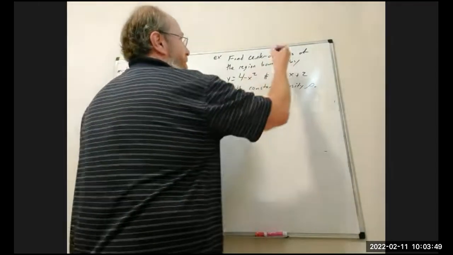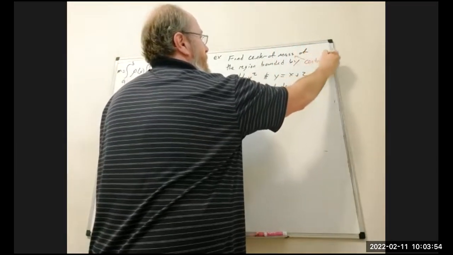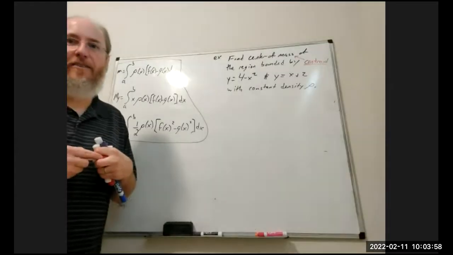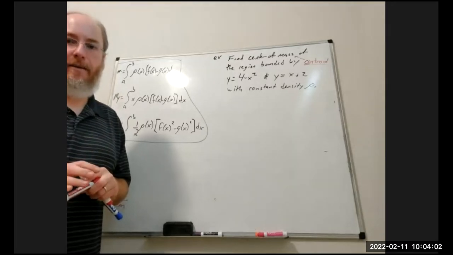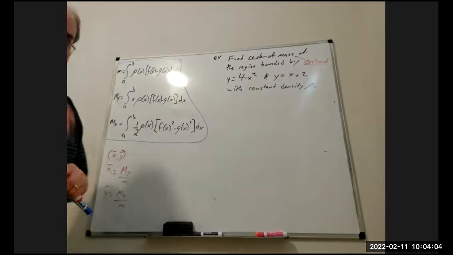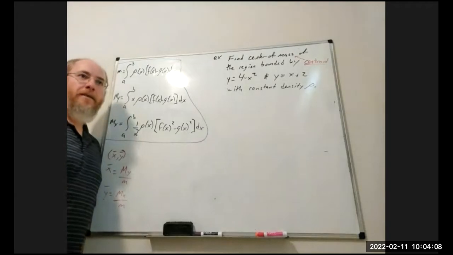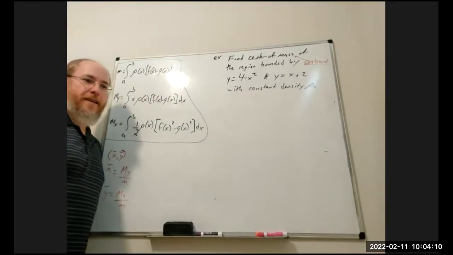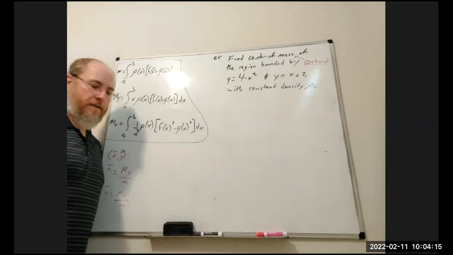This is sometimes called the centroid. So centroid, that's the center of mass of an object with constant density. So if you ever see that centroid, just realize that it's center of mass.